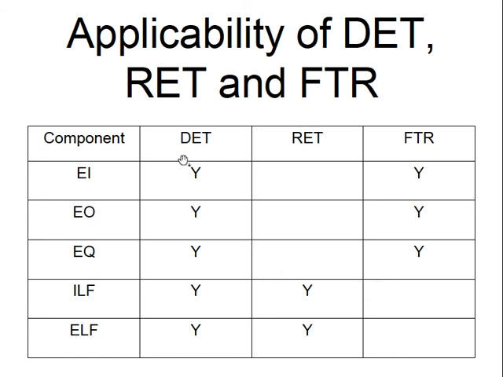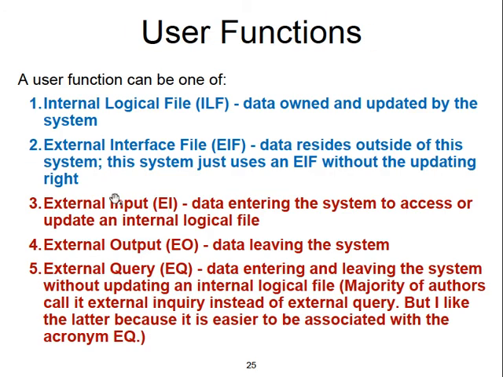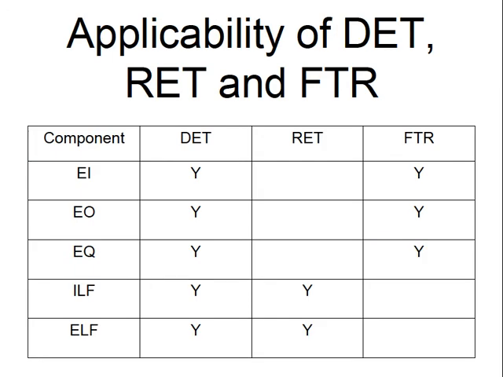So the concept of data field applies to all 5 kinds of user functions. Remember, in case you have forgotten, you can also go back to here to decide what is the purpose of one function. And this is for the data.